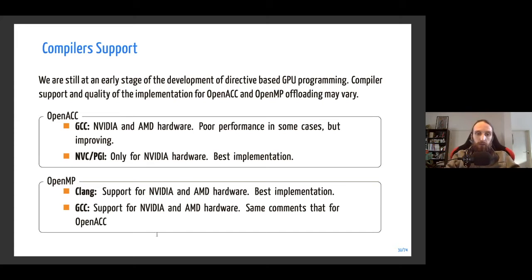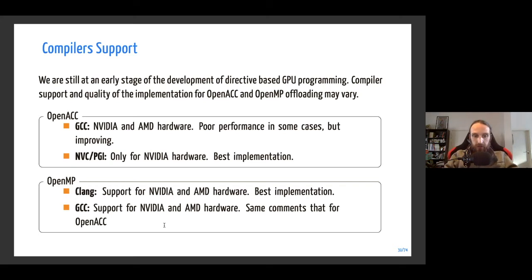For OpenMP, you have Clang, which supports both AMD and NVIDIA hardware. It's at the moment the best implementation for OpenMP offloading. And in Clang, or Flang if you are using Fortran, AMD is working on it, so this is the implementation that AMD is providing.